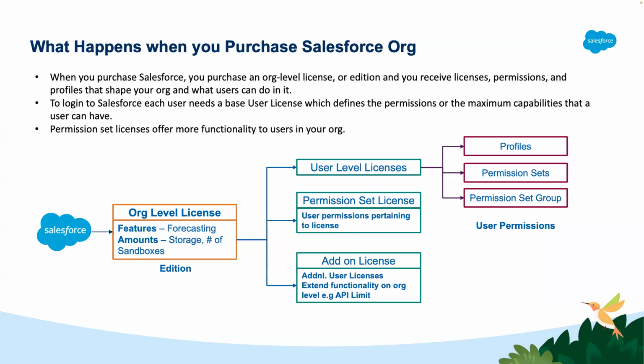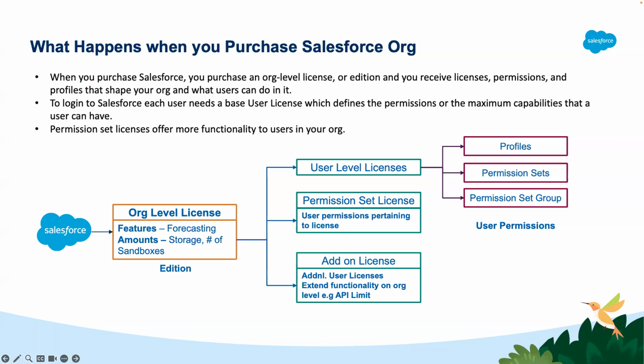What are these org level licenses? Org level licenses are editions. Editions define your features, such as, will I be able to use collaborative forecasts? Do I have the ability to enable multi-currencies?